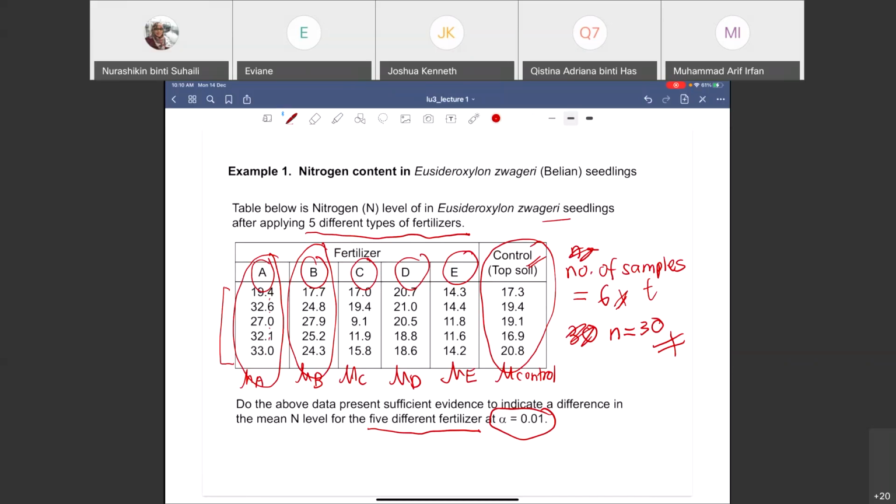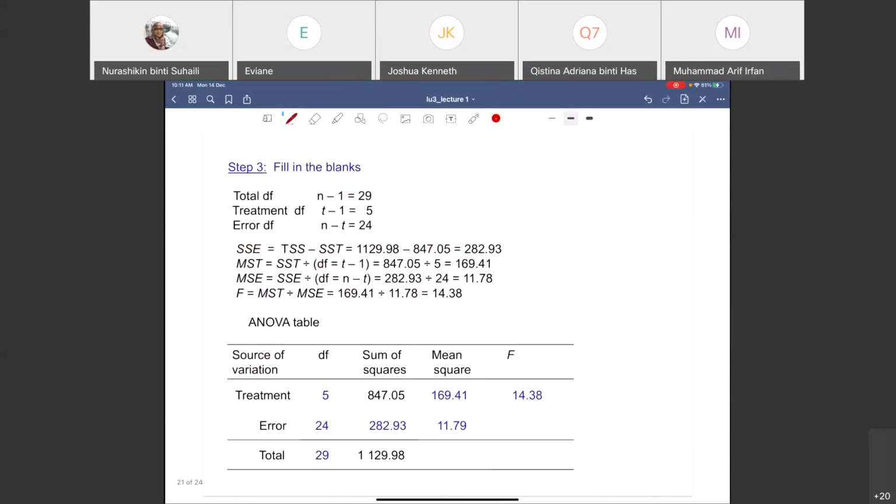And what is the size of each of the treatments, the sample size? 5. Okay. Thank you. So you have to identify that one. So the number of treatments is 6, and the total data is 30. You're going to use that information to solve this one.